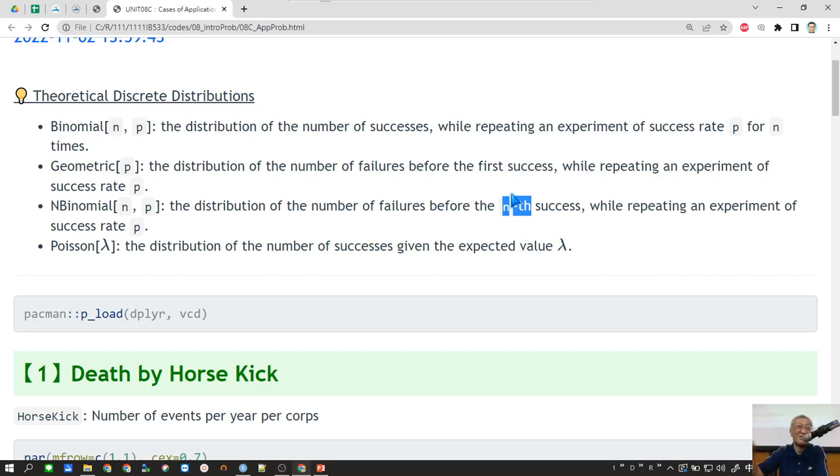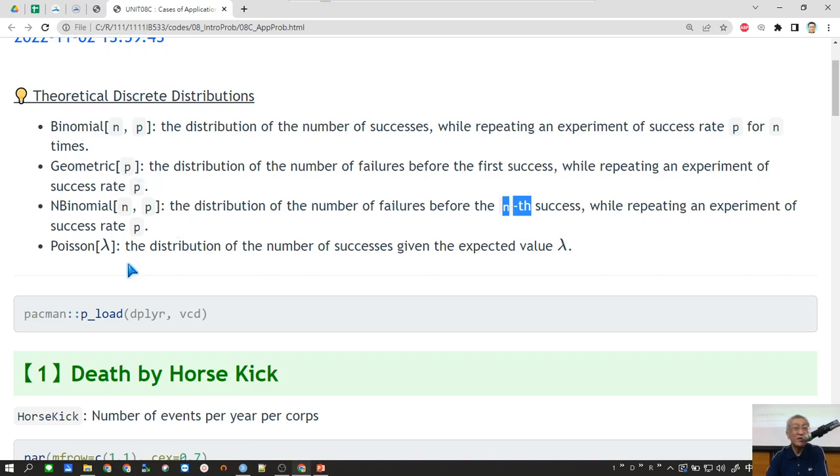Just n equal to 5. So if I throw 25 times until I get 5 heads, then the number of failures is 20. You get the point? That is the negative binomial, a generalized distribution of the geometric.